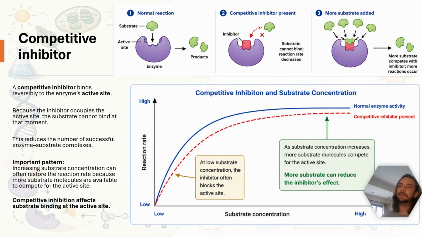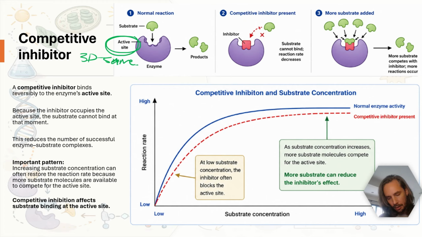For competitive inhibition, because they are competing for the same active site, it does not change the 3D structure. So the 3D structure is the same. They are just competing for this active site.